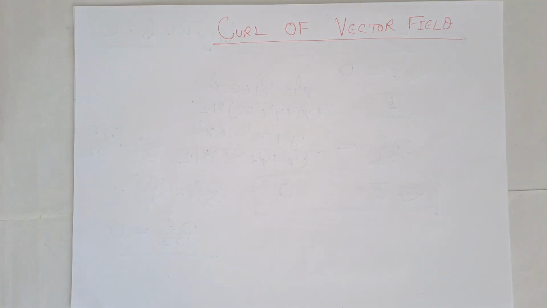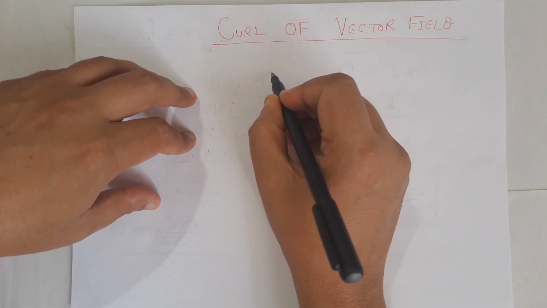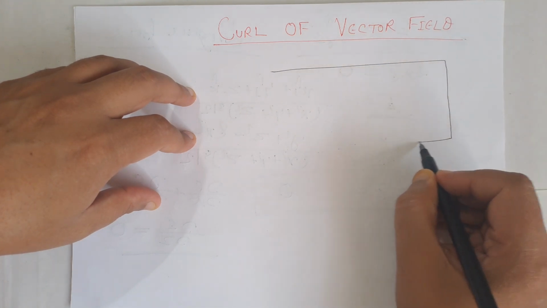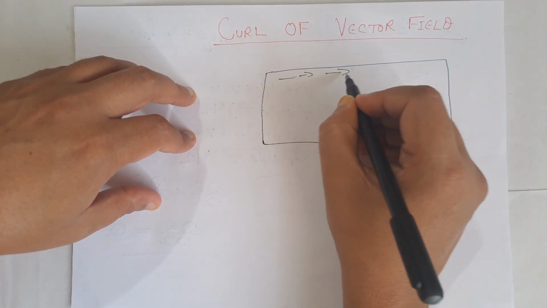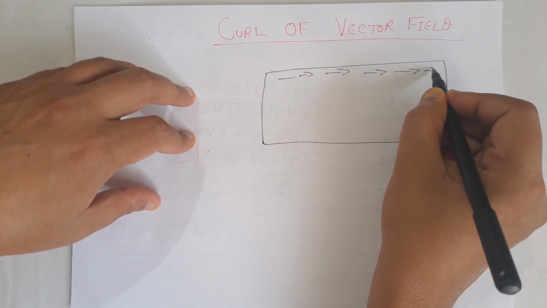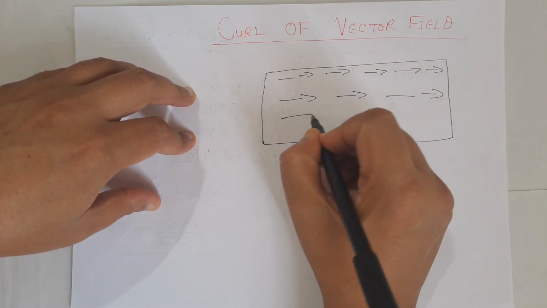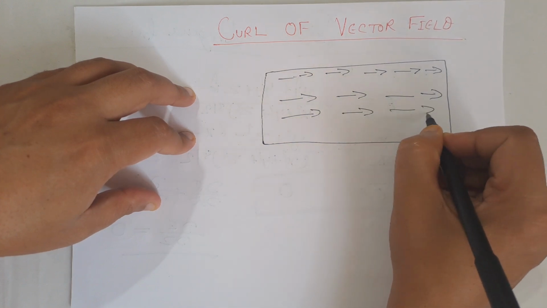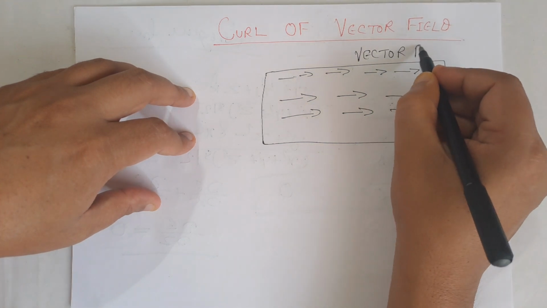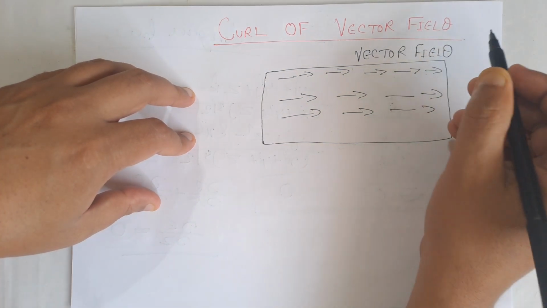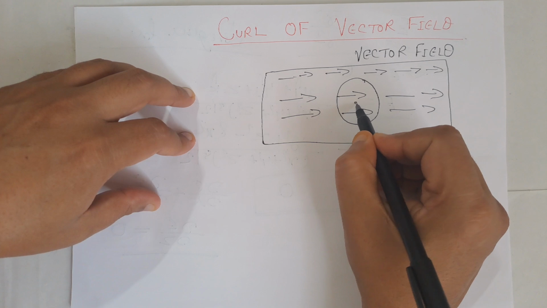Now we are going to calculate the curl of a vector field. Imagine there is a pond in which water is flowing in a certain direction. This is the flow of the water in the pond, and this is an example of a vector field. Imagine there is a wheel which is rotating at a fixed axis.